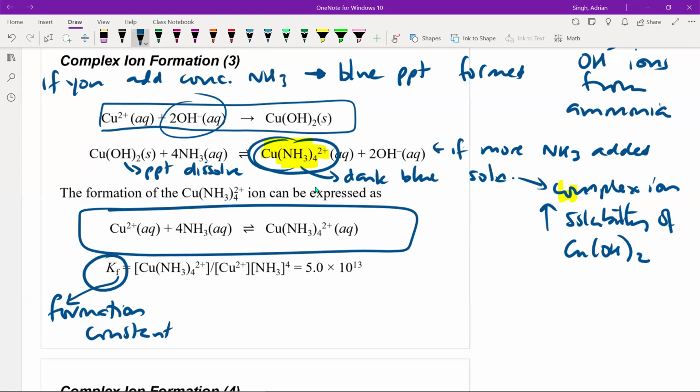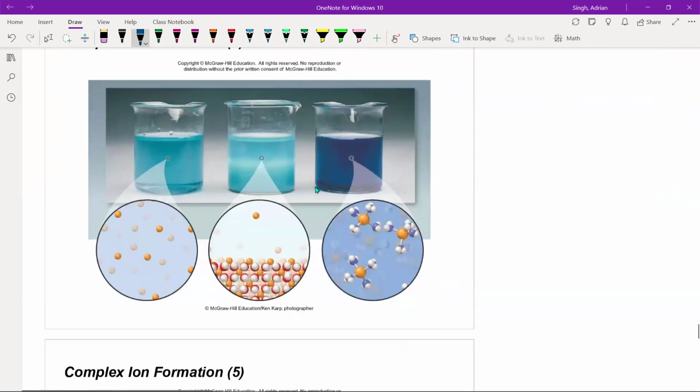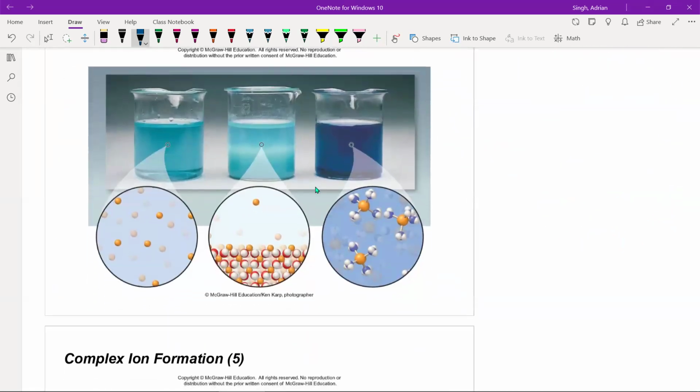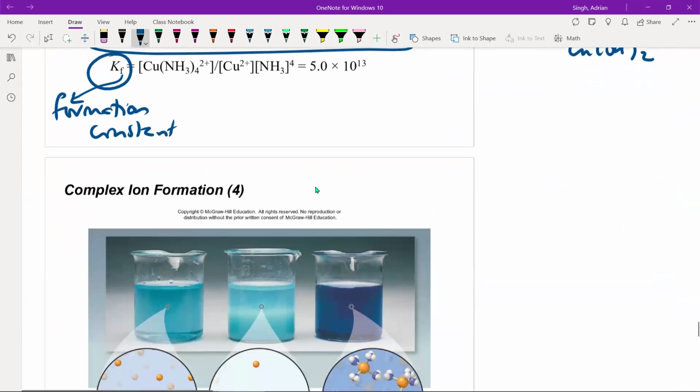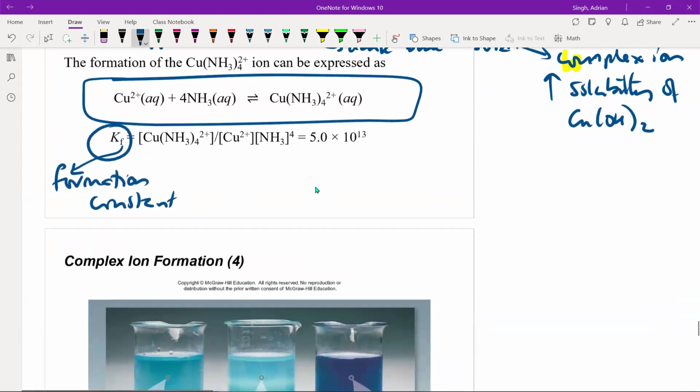So it'll be the product, in this case, divided by the concentration of the reactant. Same way we write our expression, same way we write this one. We now use the Kf to represent that process, and in this case that's equal to 5 times 10 to the 13.